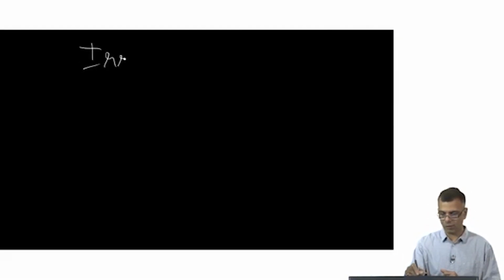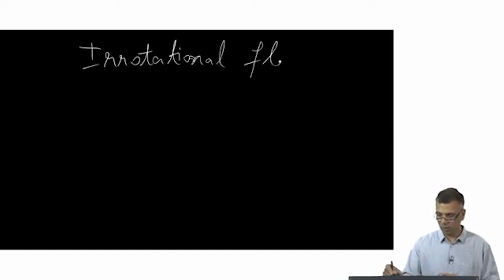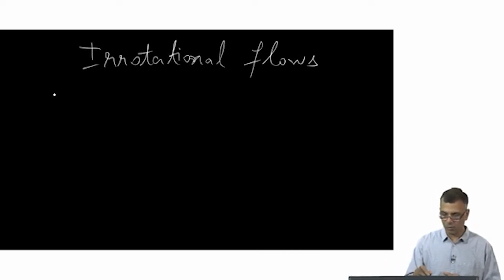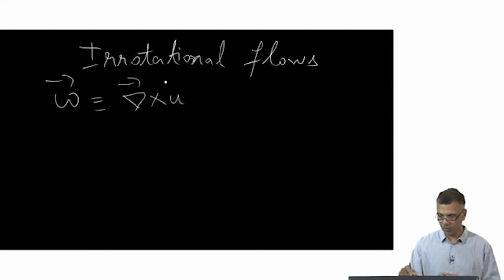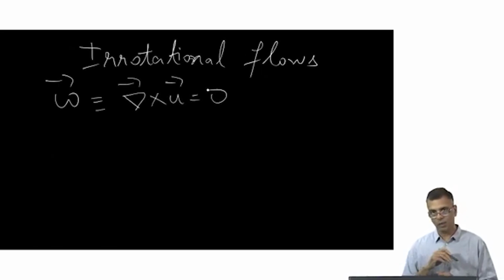Irrotational flows are those where the vorticity is equal to 0. Now we've already discussed this, but it's useful to recap it.